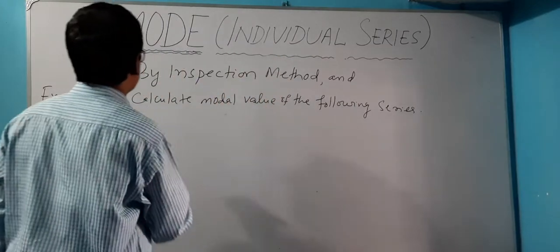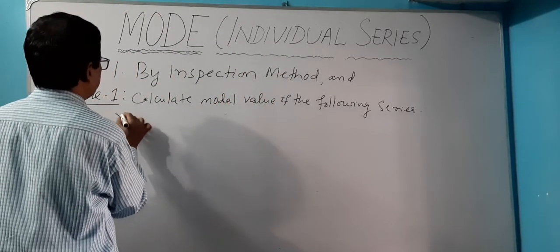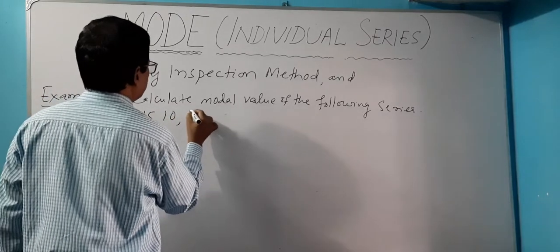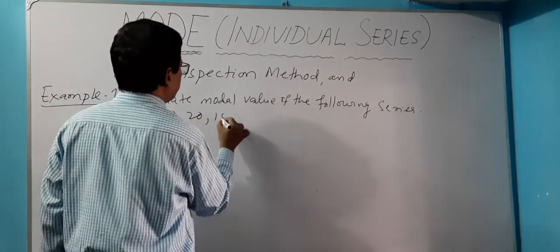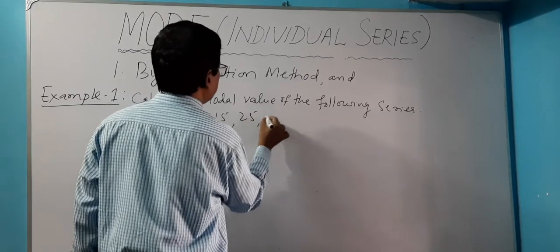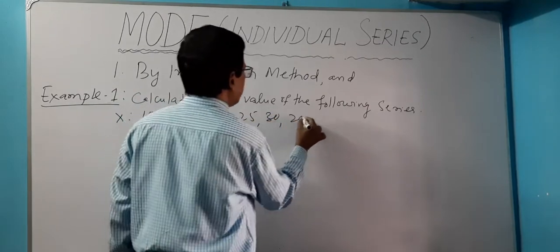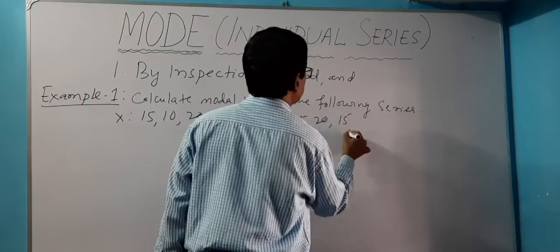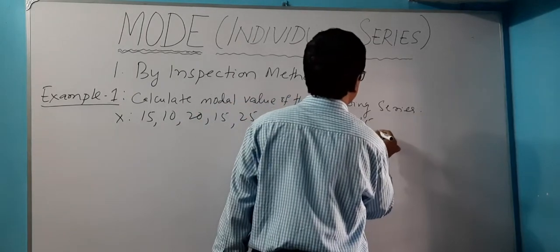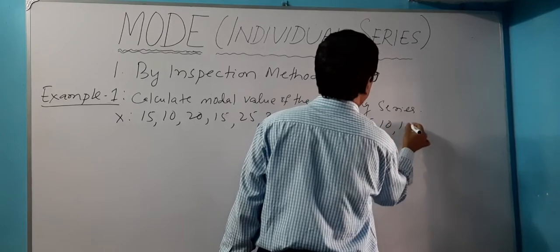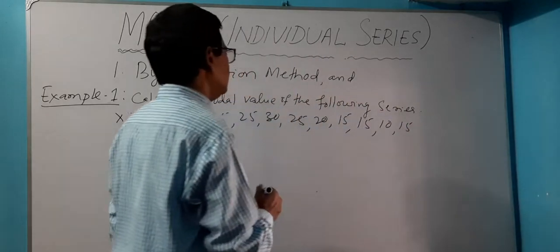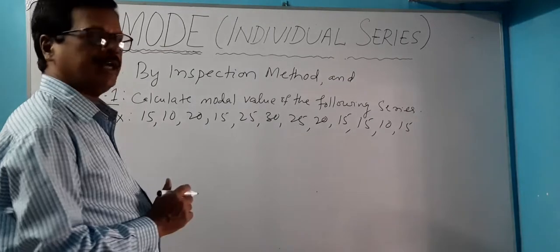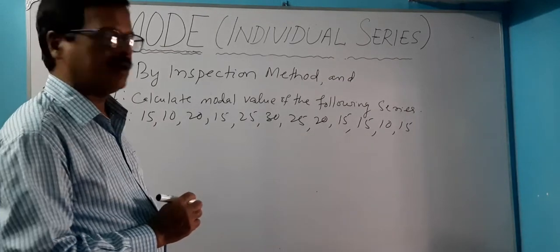Here the x values are given like this: 15, 10, 20, 15, 25, 30, 25, 20, 15, 15, 10. Then how to calculate the modal value in this case?